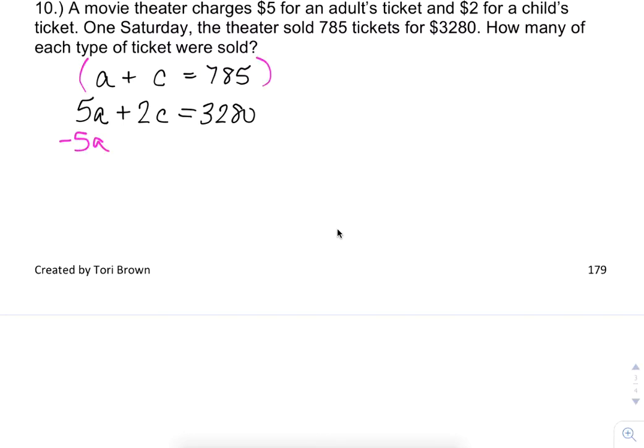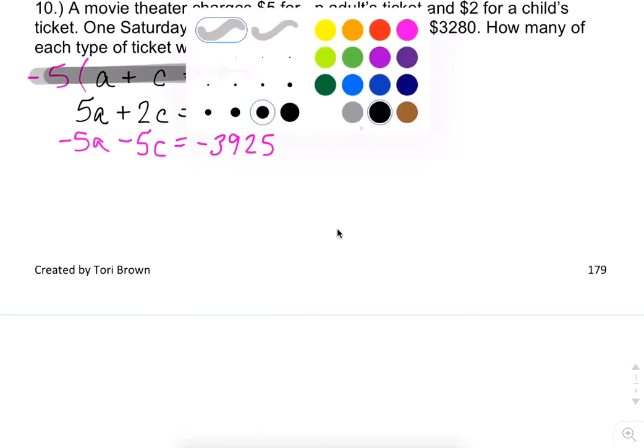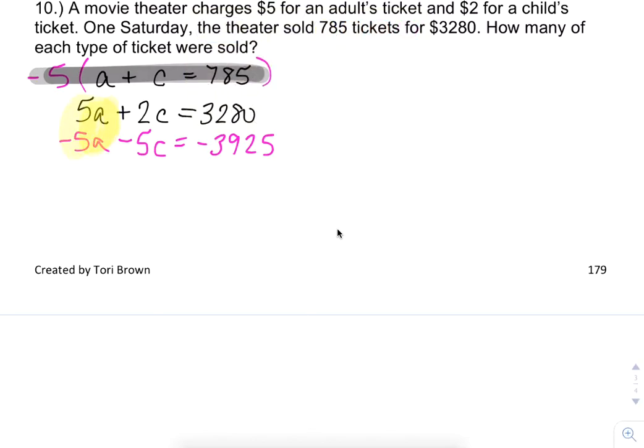That means I need to multiply this whole row by -5. So -5a minus 5c, and let's do 785 times 5. $3,925. Okay? All right.